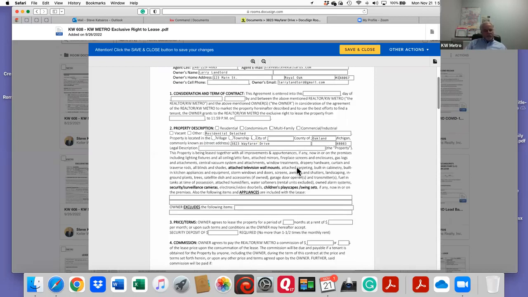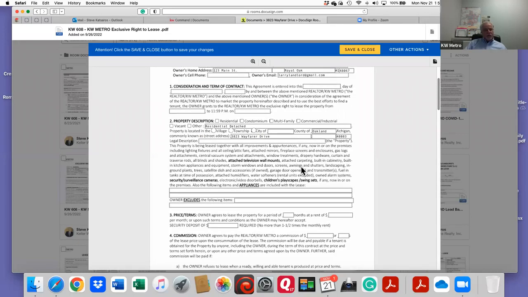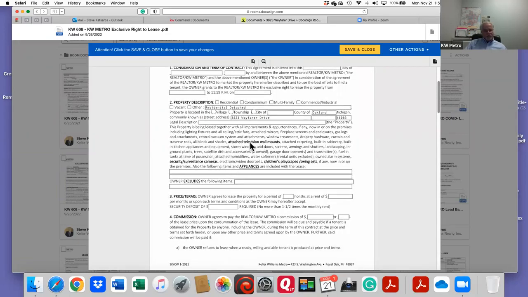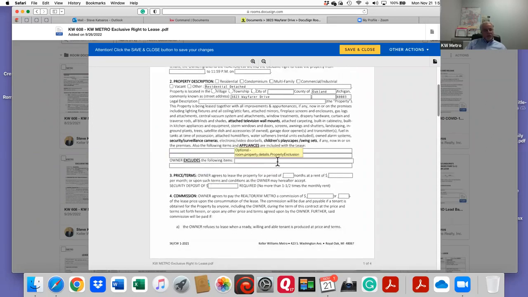So we talk about the fixtures that are in the home and what should be left, what shouldn't be left. And this is just between us and the landlord. And if there's any kind of an exclusion, then we need to put that in the listing itself under the agent tab.